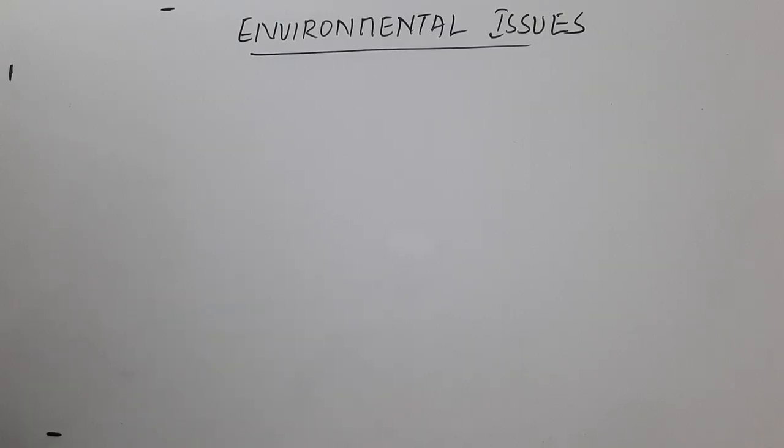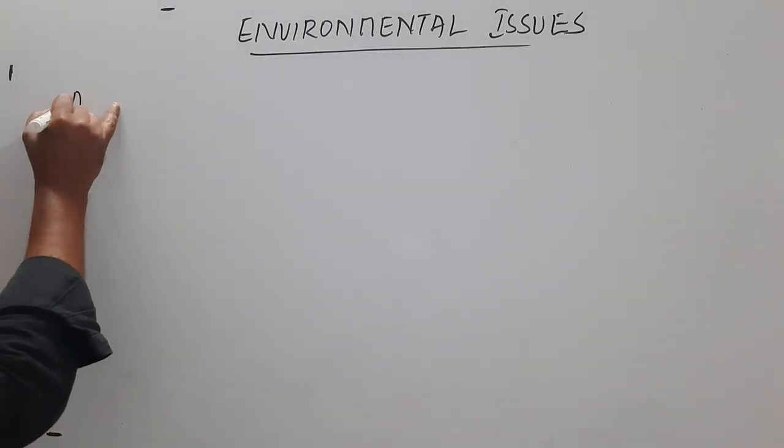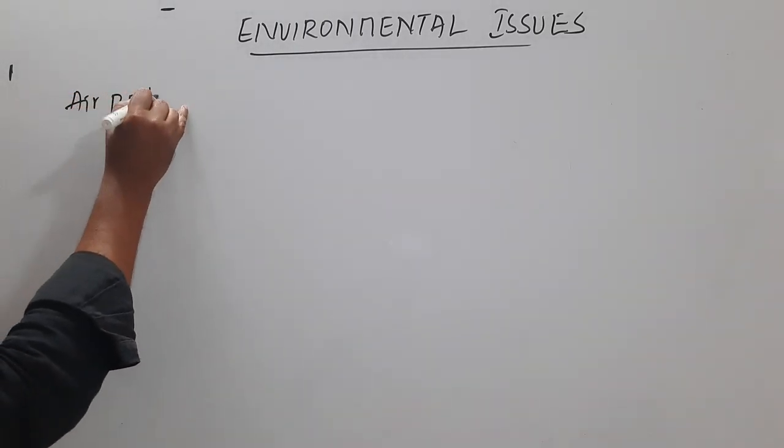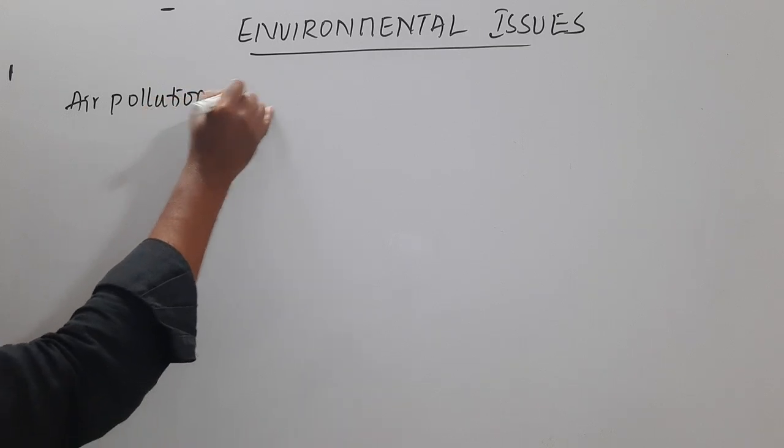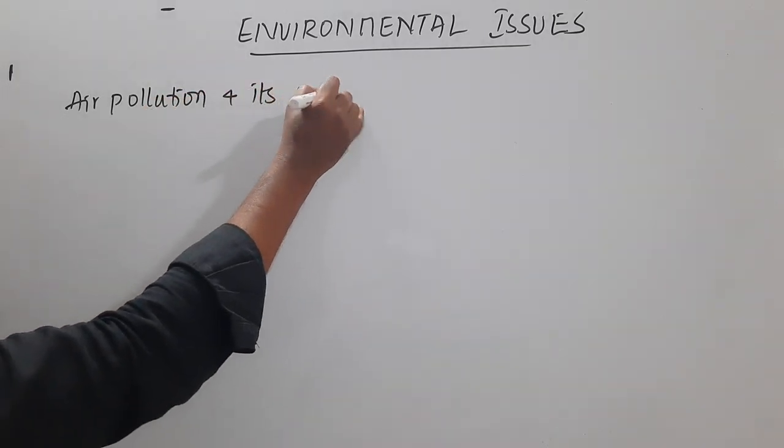Now let us see the first one. We'll see all three: air pollution, water pollution, and even soil pollution, and the different methods to control them. First we shall see about air pollution and its control.